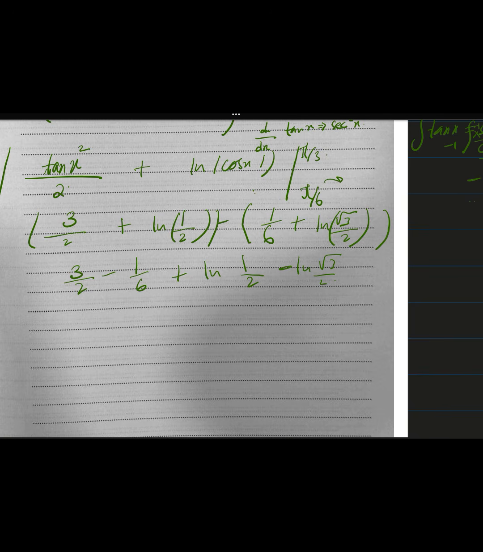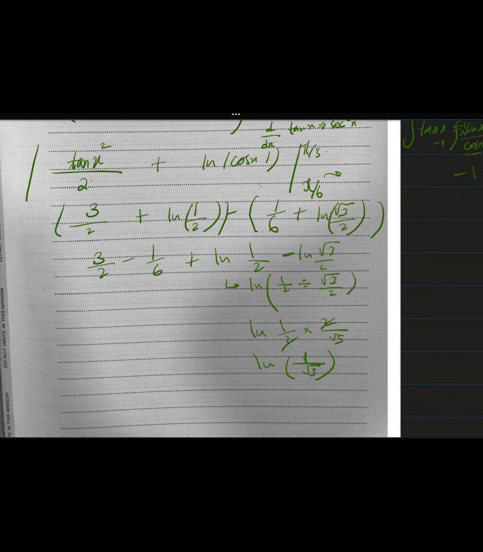Then here we can use the quotient rule of ln. So ln of 1 over 2 divided by root 3 over 2 can be rewritten as ln 1 over 2 times 2 over root 3. The 2's cancel, so it will be ln 1 over root 3.